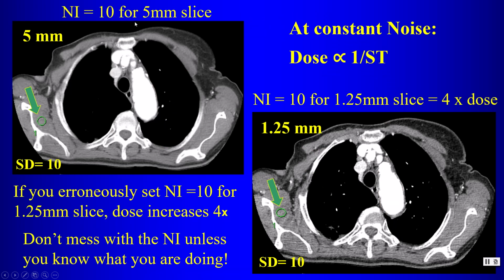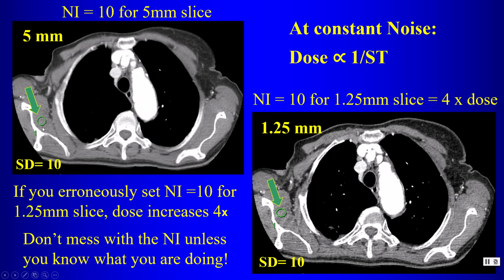Your noise index is set for the particular thickness of the slices that you want to look at in your images. So you have to be careful about the thickness of the slices, or the diagnostic quality that you want. If you erroneously set a noise index of 10 for a 1.25 millimeter slice, you would increase the dose 4 times.